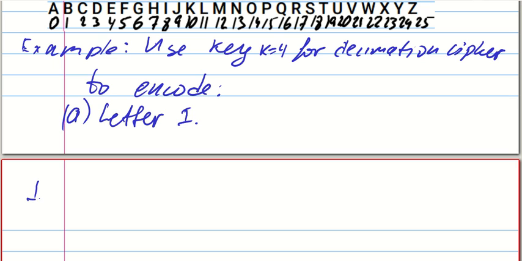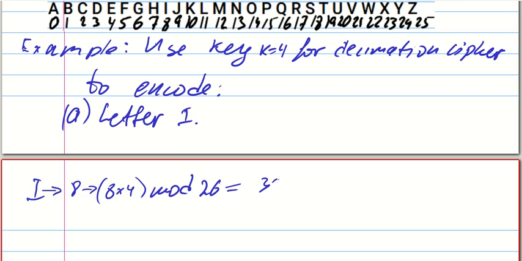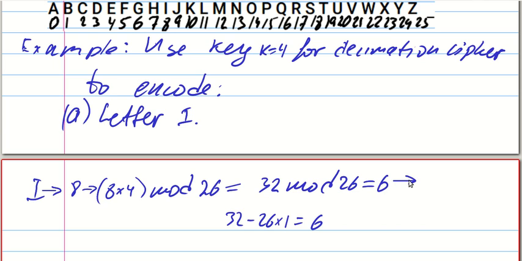So we take letter I, we look up I in the alphabet, that's number 8 in our list. So it's going to be 8 times 4 mod 26. So we get 32 mod 26, and 32 and 26 are close. We can subtract them, right? 32 minus 26 times 1. So we're going to get 6. And we look up position 6. That's going to be letter G.